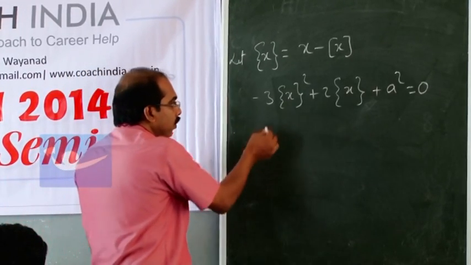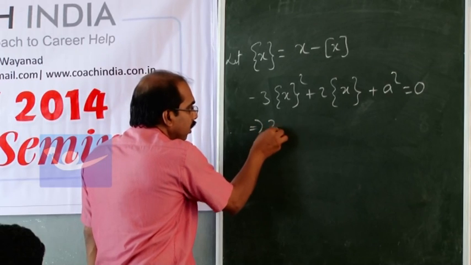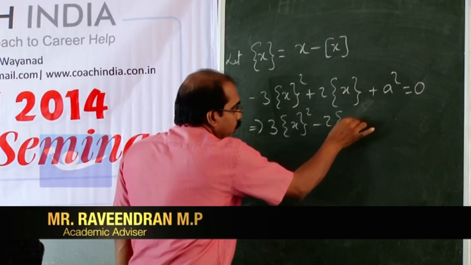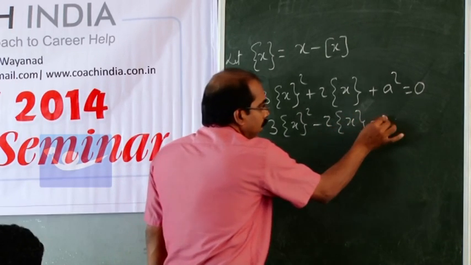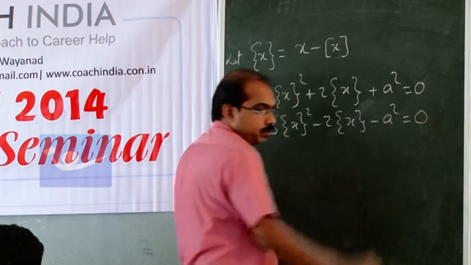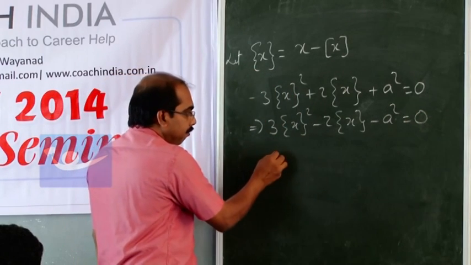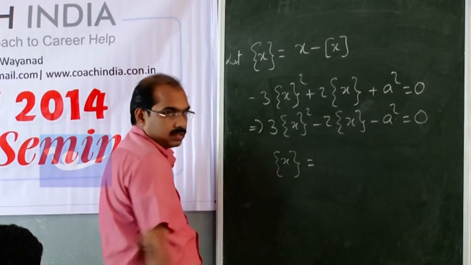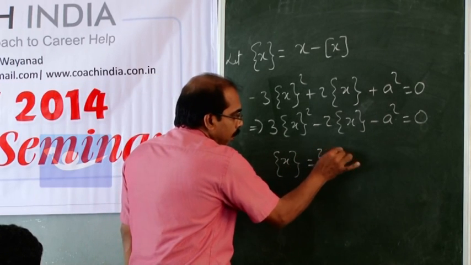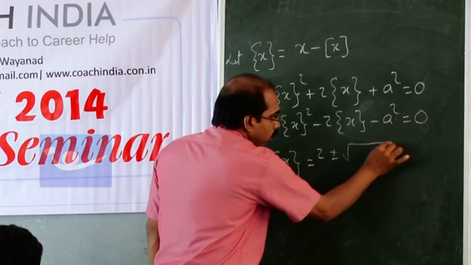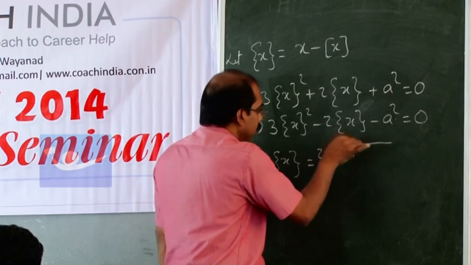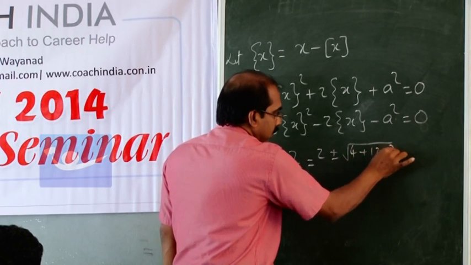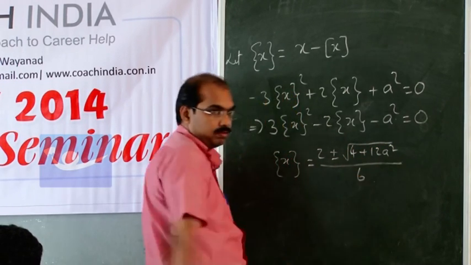So, to solve this, what we do is, this is same as saying 3x square minus 2x minus a square equal to 0. We can have x as 2 plus or minus root of b square minus 4ac divided by 2a.